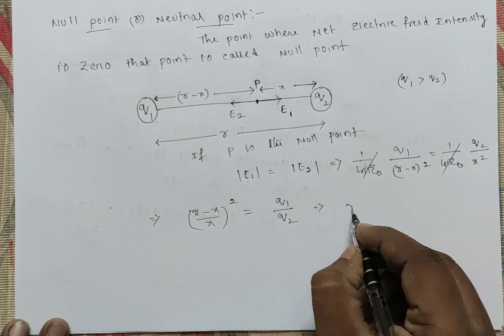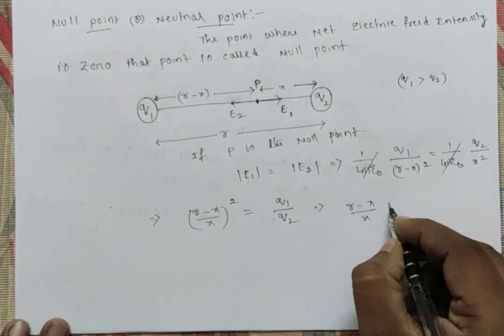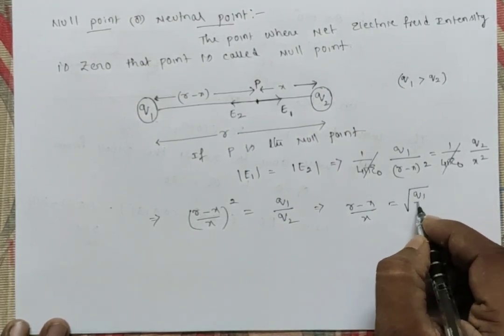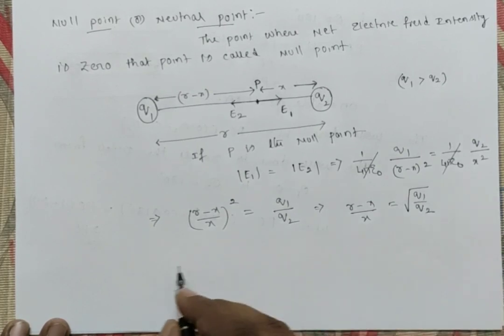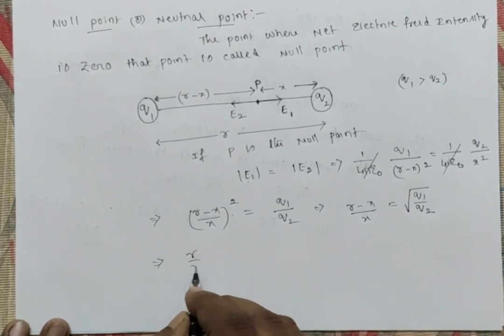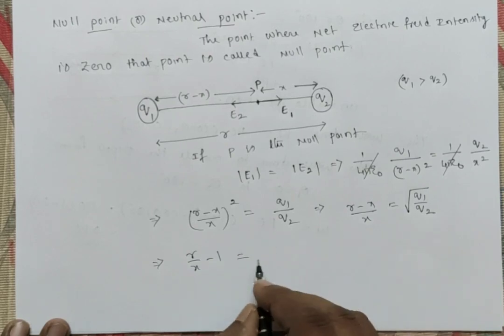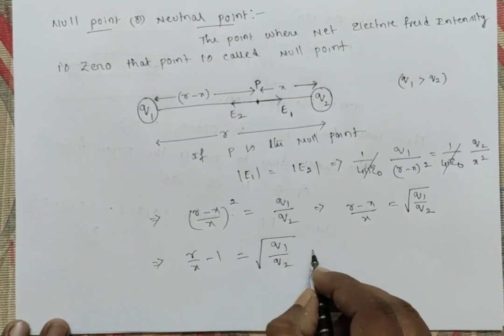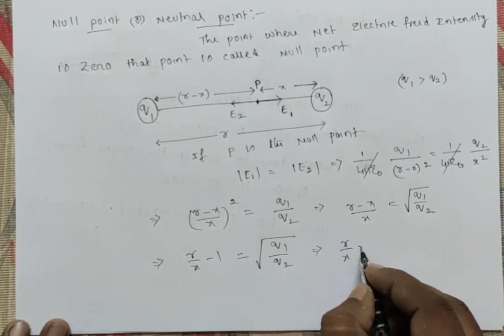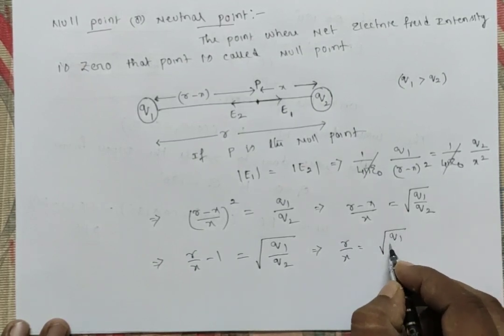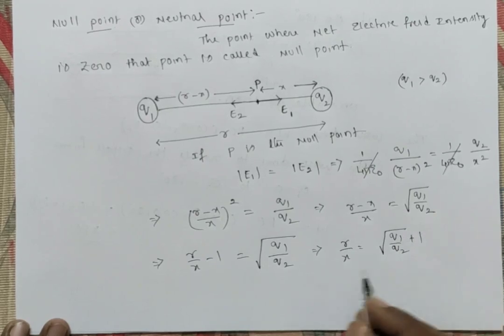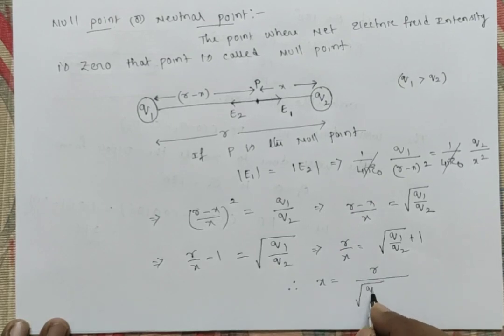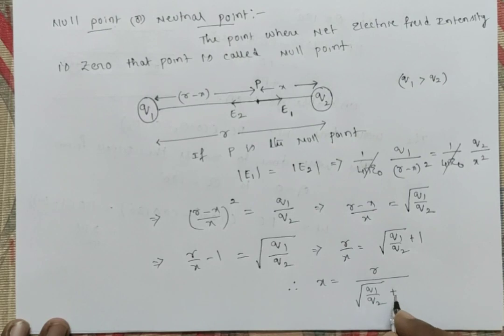Then (r minus x) by x equals under root of Q1 by Q2. Then r by x minus 1 equals under root of Q1 by Q2. Then r by x equals under root of Q1 by Q2 plus 1. And the null point distance x equals r divided by (under root of Q1 by Q2 plus 1).